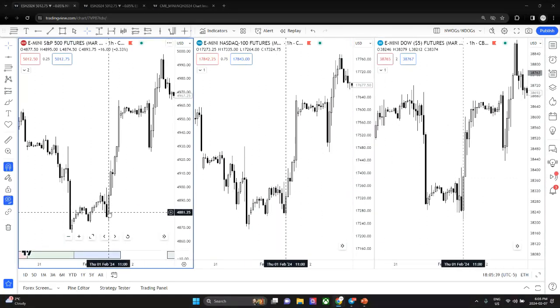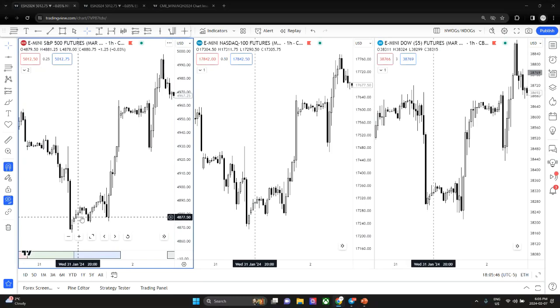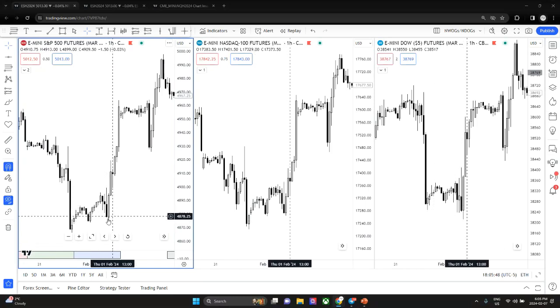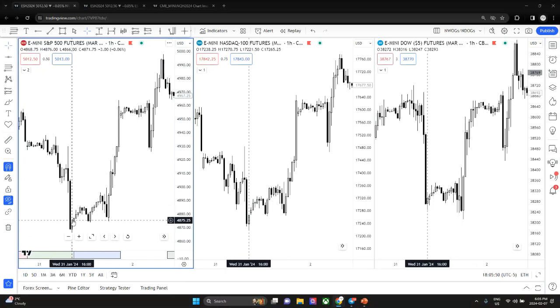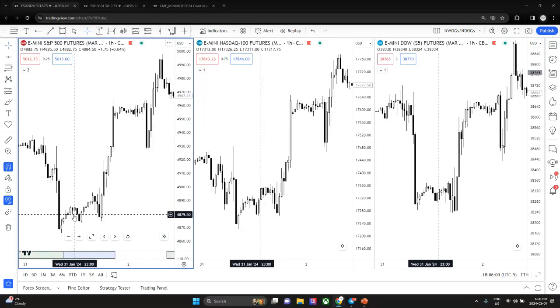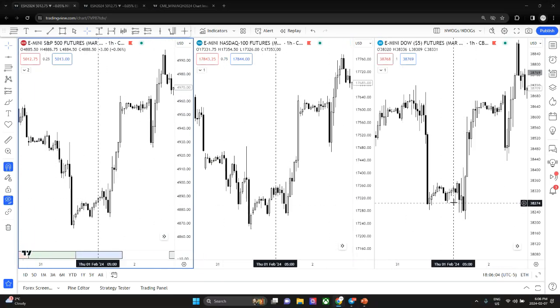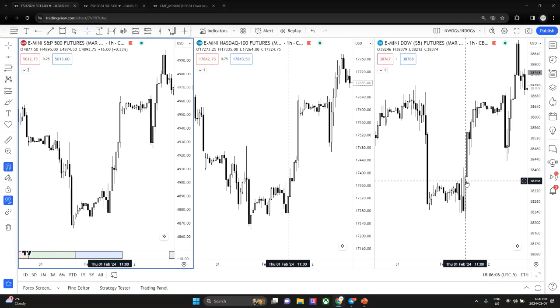So this low right here failed to break below this one during Thursday's price action, right? This low was formed on Wednesday, which I believe was the low of the week. Yes, it was, before Thursday occurred for Dow Jones.